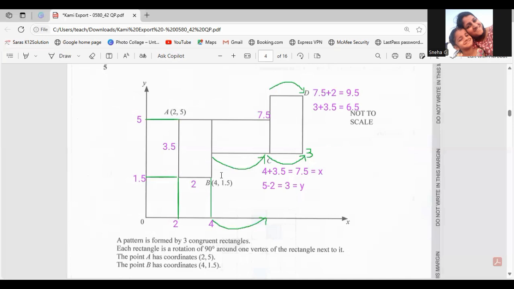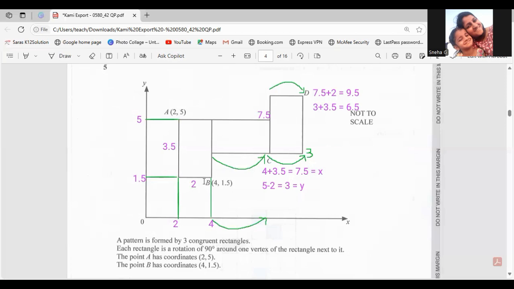Let's figure this out. First, we will work out the length of the first rectangle given to us before rotation, and then the height or width of the rectangle also. The difference between the two x coordinates, 4 and 2, is 2.